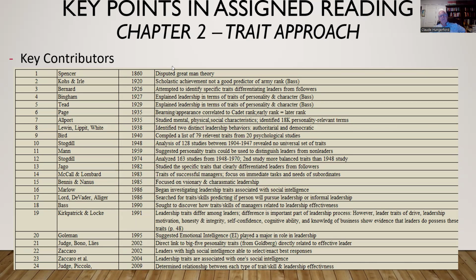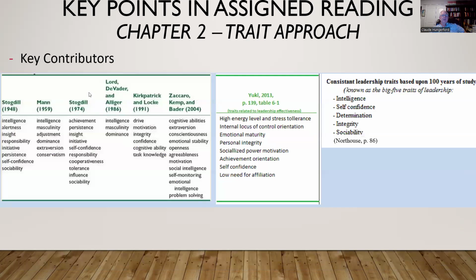This is really the first leadership approach that got serious consideration. Great man theory did somewhat, and this really is a handoff from the great man theory, because what they did is say, okay, these were great people, but what were some of the traits that made them great leaders? And that's what the trait approach tries to answer.